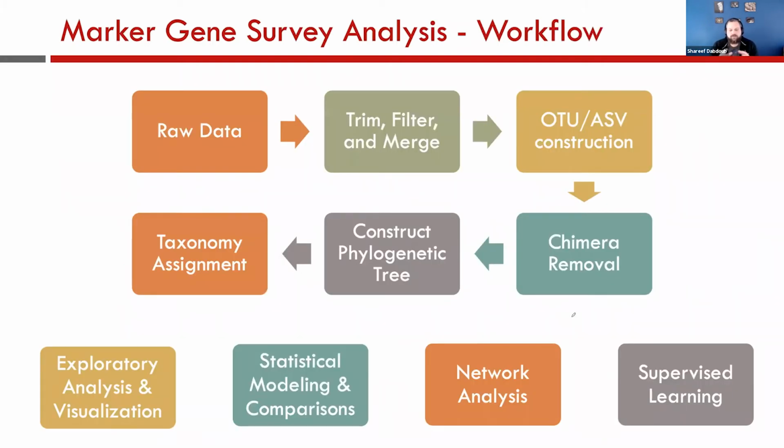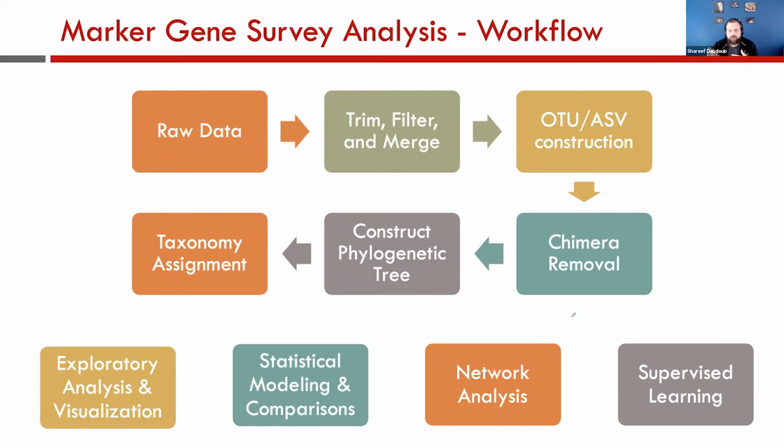So this is the general, very general workflow, and even the arrows aren't necessarily always the same depending on what tool set you're using. But in general, we start with raw data. We do some sort of trimming and filtering, quality correction. And if you're working with paired end data, then you have to merge the paired ends.